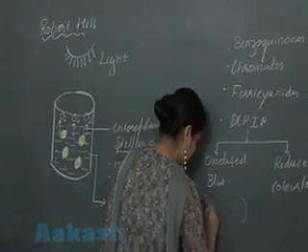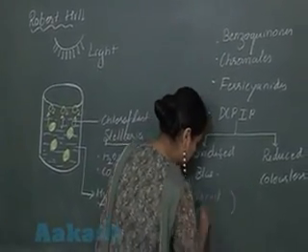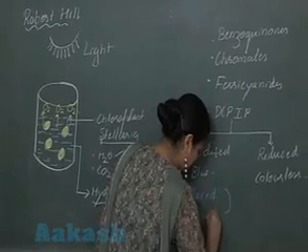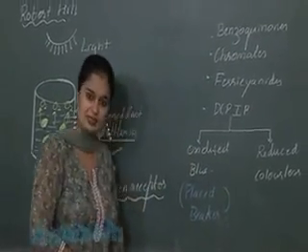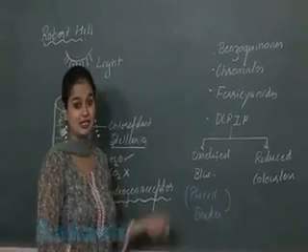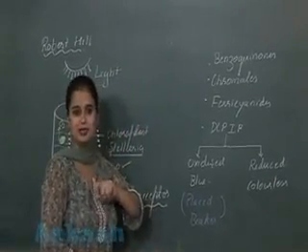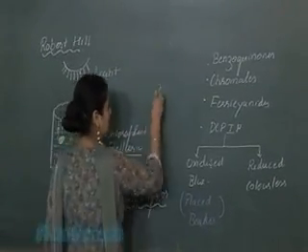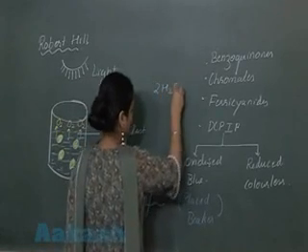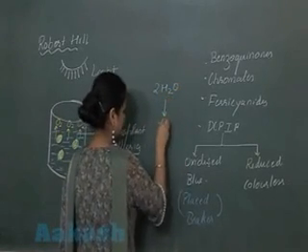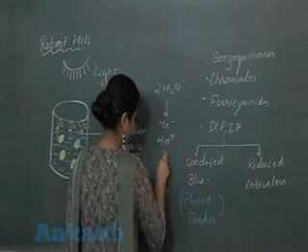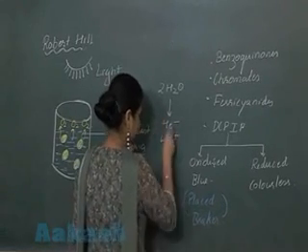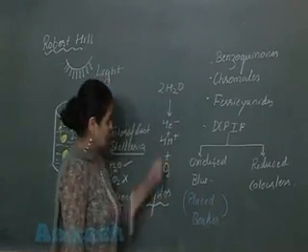So he placed DCPIP in the beaker in the blue state. और जैसे लाइट प्रोवाइड करी, लाइट प्रोवाइड करने की वजह से वाटर की स्प्लिटिंग हुई, वाटर की स्प्लिटिंग से रिलीज होंगे इलेक्ट्रॉन्स, हाइड्रोजन आयंस and oxygen, right?